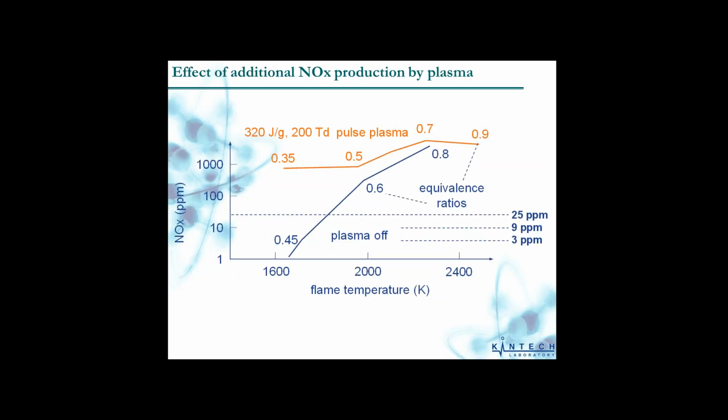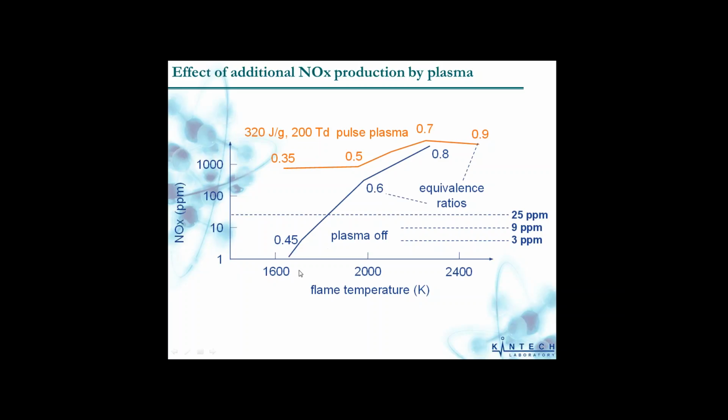But what about another important matter, NOx generation? Unfortunately, the picture is not as good as the previous one. Here on this slide you see the dependence of NOx formation versus adiabatic temperature of the flame. Actually, this value is strictly correlated with the stoichiometric ratio, so flame temperature can also be regarded as an axis for the stoichiometric ratio.